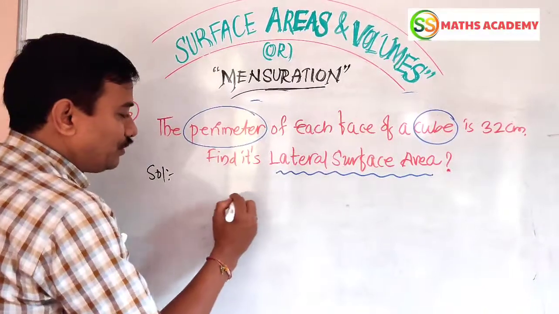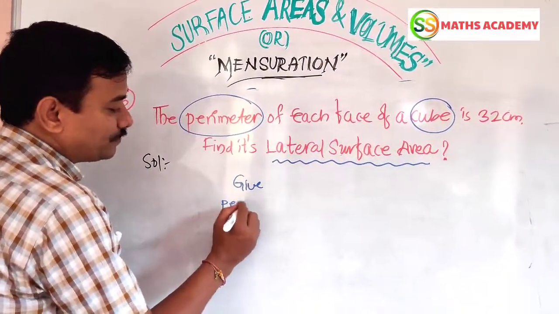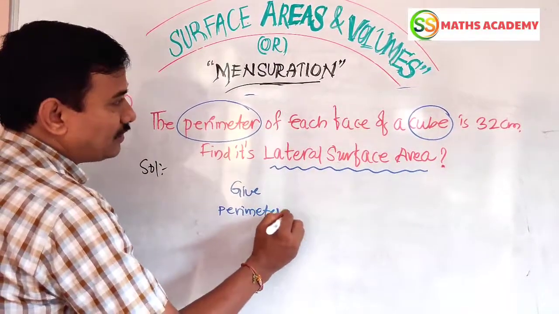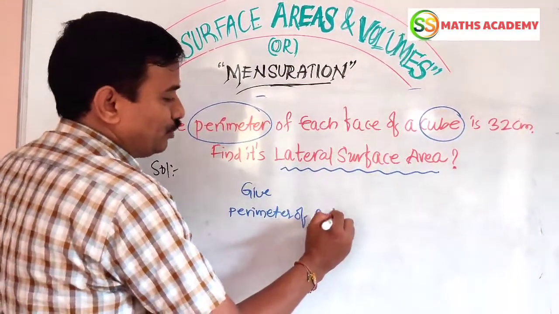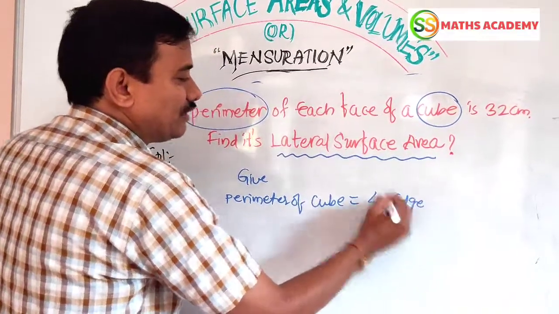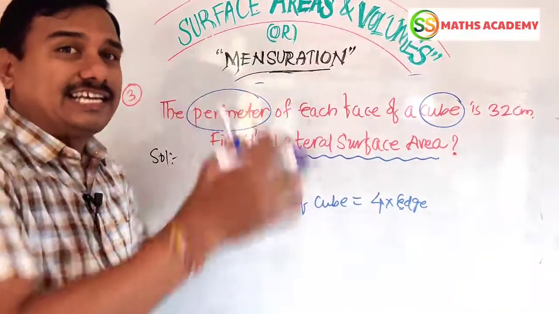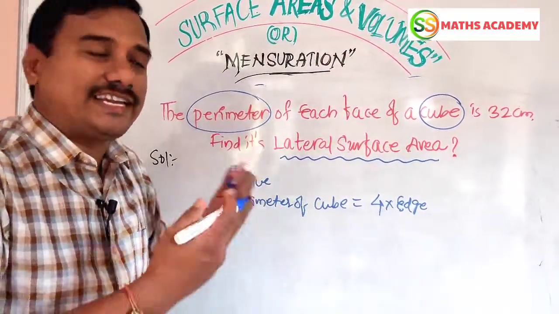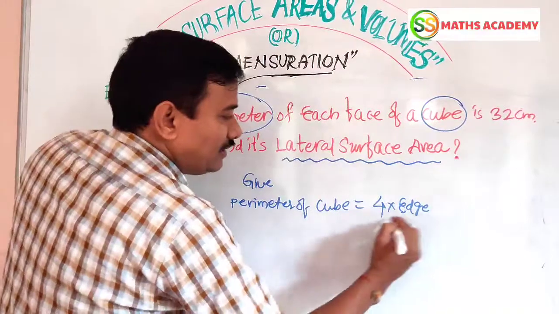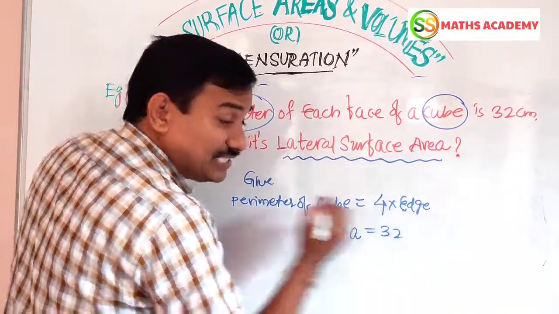Now we know that the perimeter of a cube face is 4 times the edge, like the perimeter of a square. Now how much is given? 4 times edge means 4a equals 32.